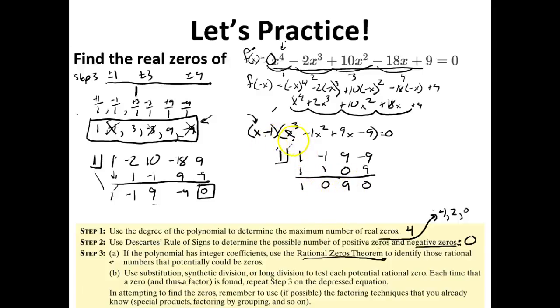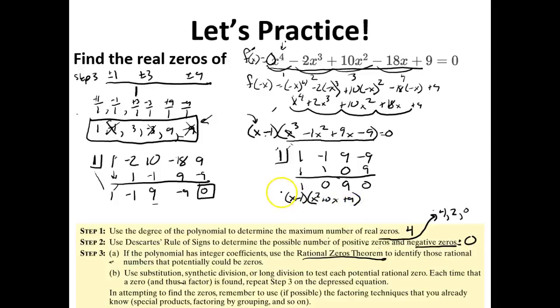So this part here is going to factor into, 1 made a 0, so it's x minus 1, the opposite of that. And the leftover stuff, we have 1x squared plus 0x plus 9.